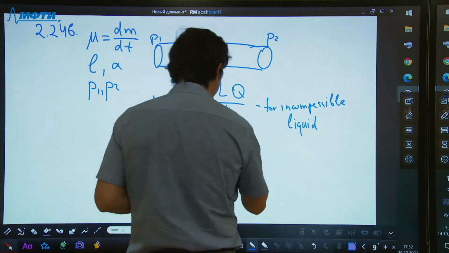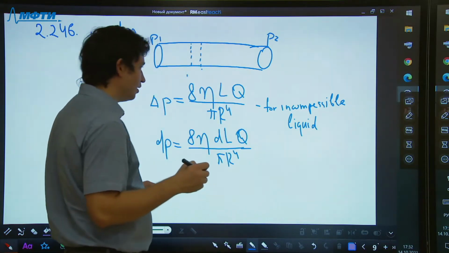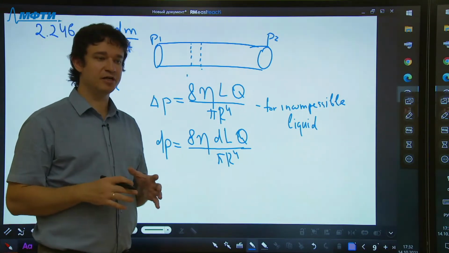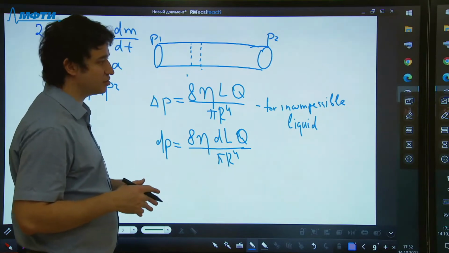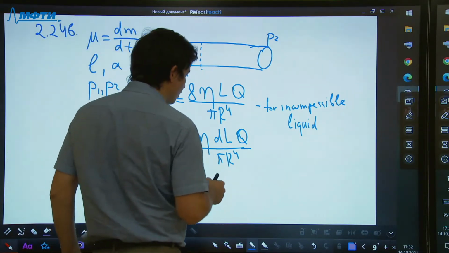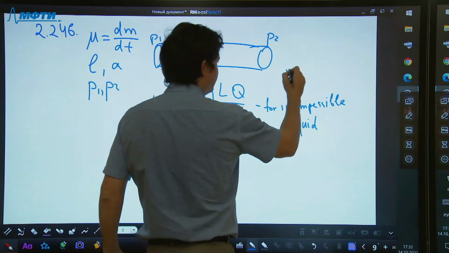And also I assume that the temperature of the gas throughout the whole pipe remains constant. So I assume that T is constant.